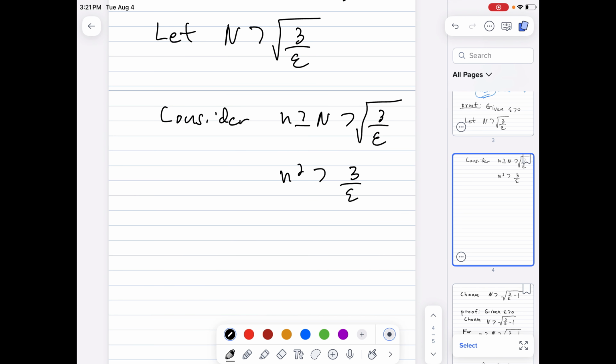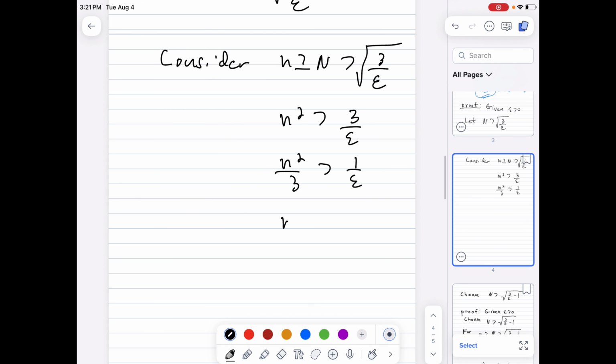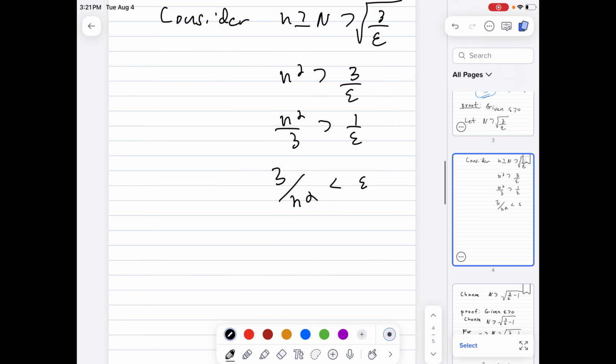N squared is greater than 3 over epsilon. N squared over 3 is greater than 1 over epsilon. 3 over n squared, if I take the reciprocal of that, is less than epsilon. So again, if you take the reciprocal of two positive numbers, the inequalities switch around.